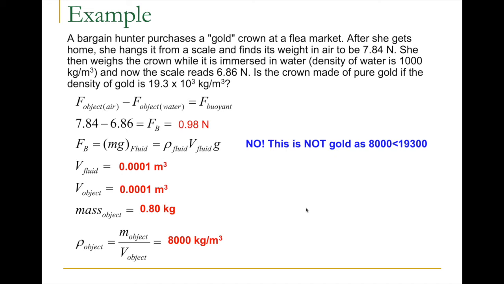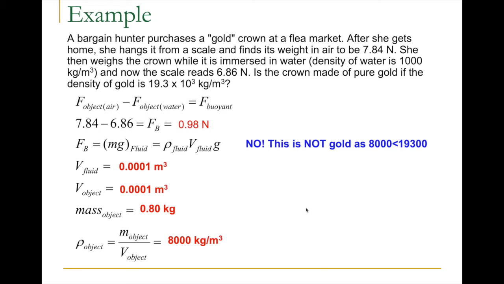If this in fact were pure gold, then that density should have been 19,300 kilograms per meter cubed, and this gave the evidence to Archimedes to go to King Hero and say, aha, your goldsmith took an early retirement fee, and from there, I'm sure we know what history would do to that goldsmith.